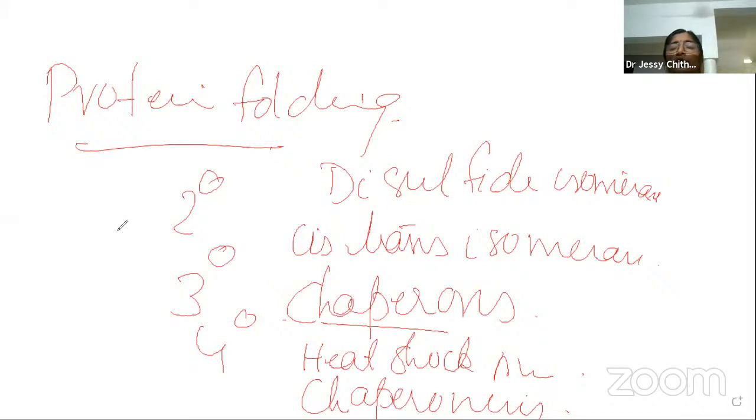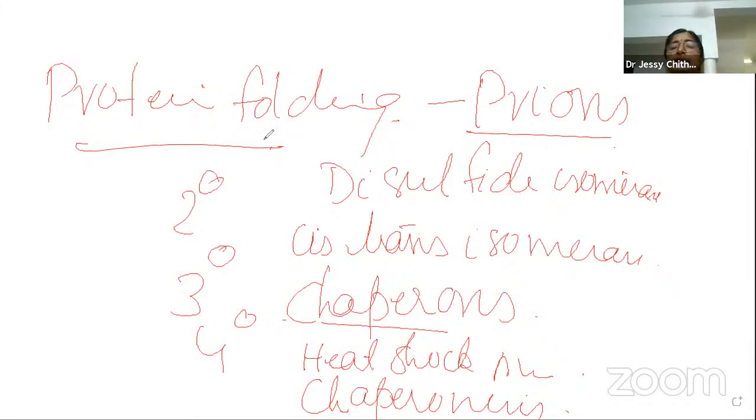And a defect in protein folding will lead to prion disease, or spongiform encephalopathy. It affects mainly the brain, which will be riddled with holes.